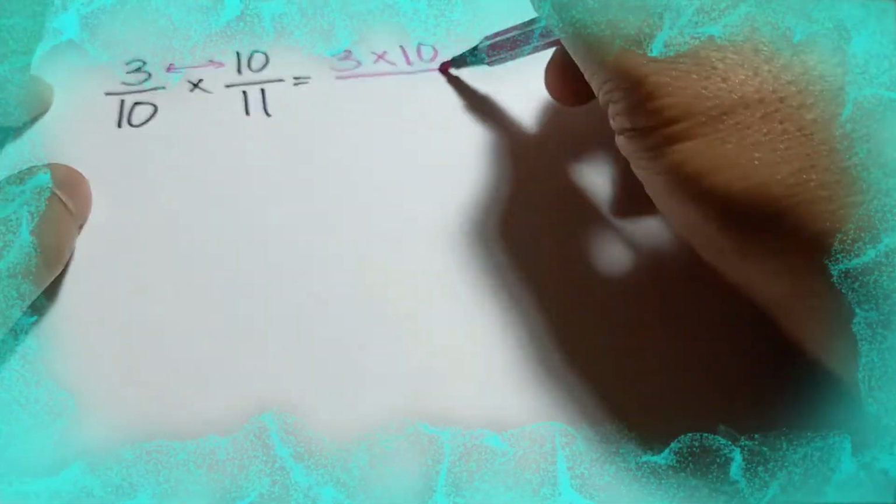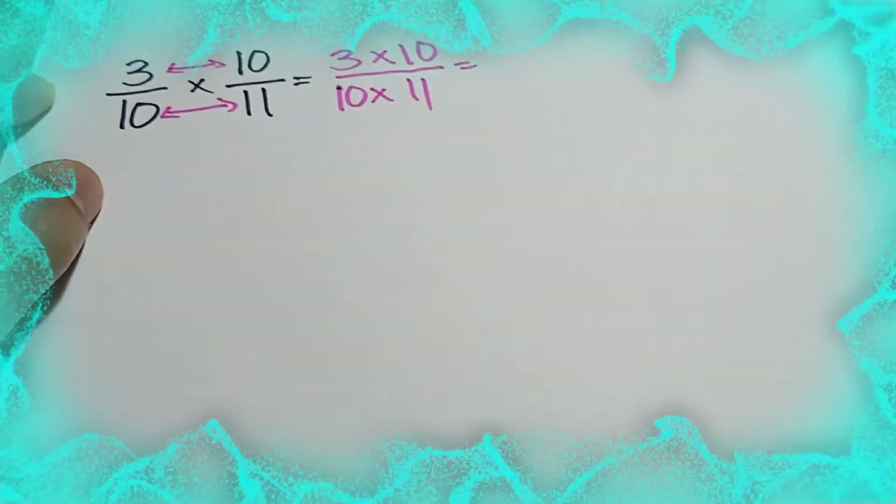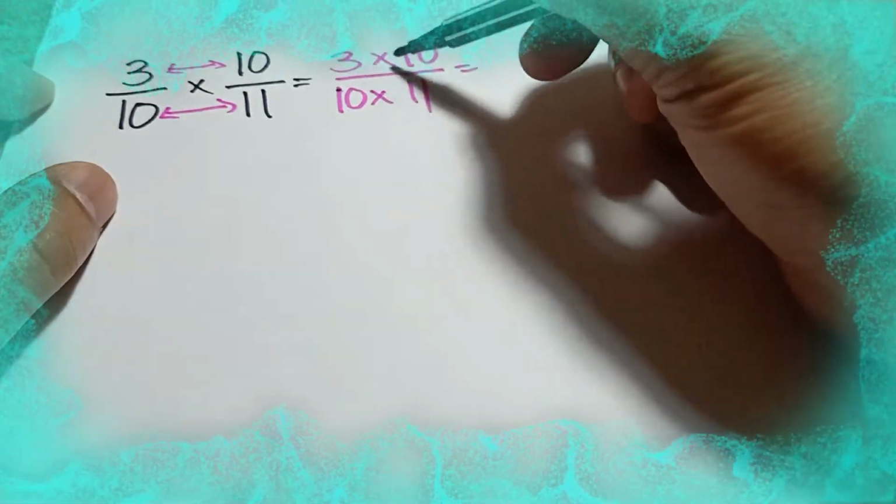You can directly multiply 3 times 10 for the numerator, and 10 times 11 for the denominator.